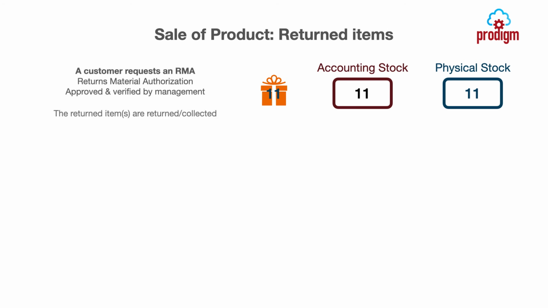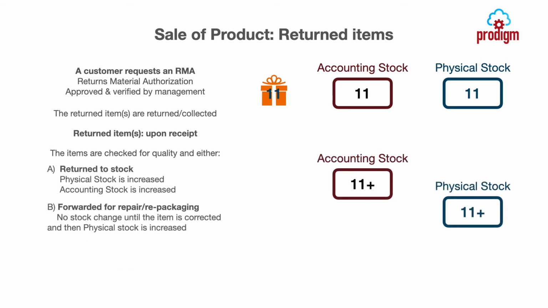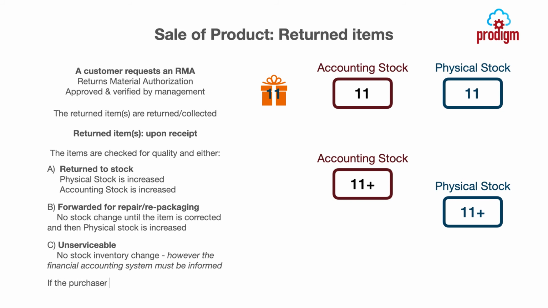Here instead, one of your customers decides that they need to return the item to you. So on the return of the item, there's possibly 3 or more potential actions. If the item is returned to stock, then your physical stock and your accounting stock both increase.